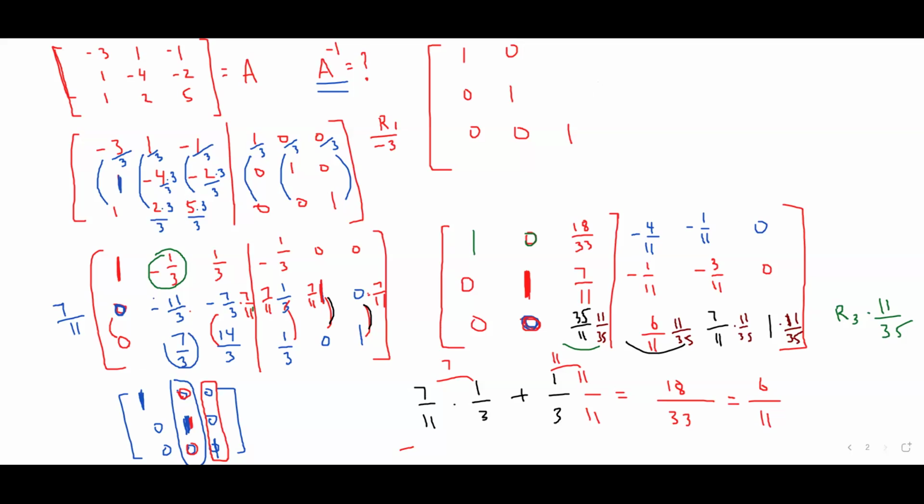So 2 zeros. Then 1 is produced because we cancel both of these, right? So that was the point of doing it. Now 11 and 11 are going to cancel. So we have 6 over 35 in here, 7 over 35 next to it, and finally, for the last, 11 over 35 times 1 is the same 11.